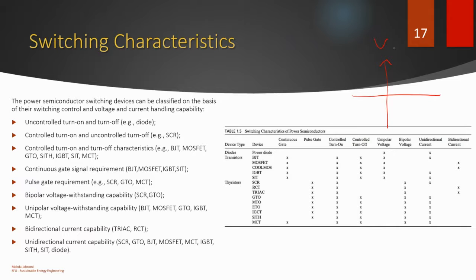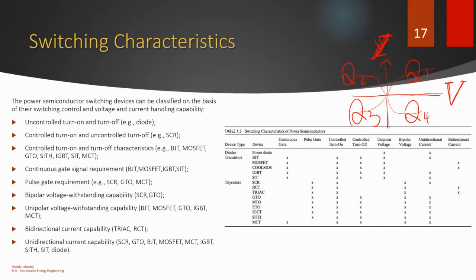So if this is current and voltage, we have quadrant 1, quadrant 2, quadrant 3, quadrant 4. And these devices could have characteristics in any of these 4 quadrants. So here, for example, in Q4, you have a positive voltage and a negative current. You get what I mean? All right. Yeah, makes sense.